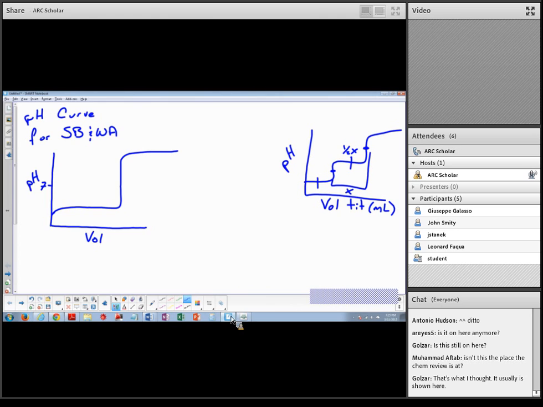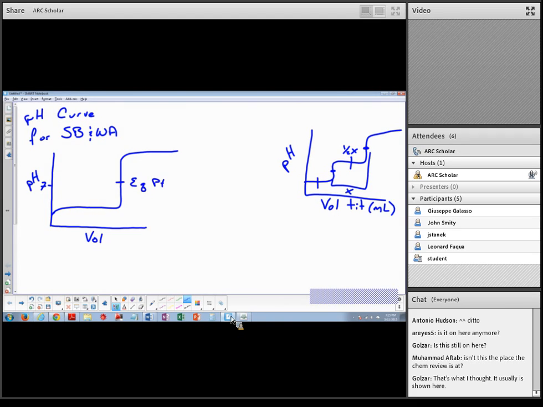But as we're getting closer and closer to using up all the H+, it starts increasing again, and all of a sudden there's going to be this big jump when now we've used up all the H+, and now we have excess OH-. That's going to push pH way up here. So about halfway between, that's going to be your equivalence point.